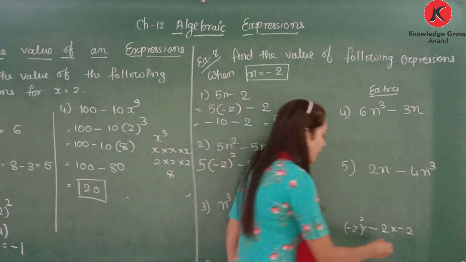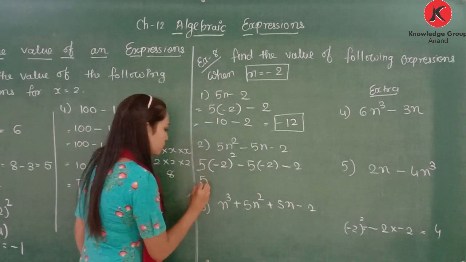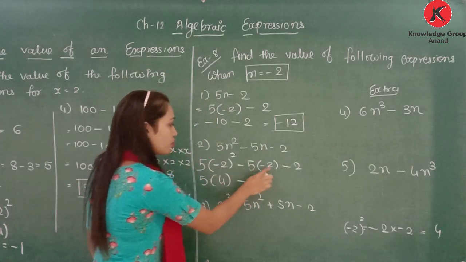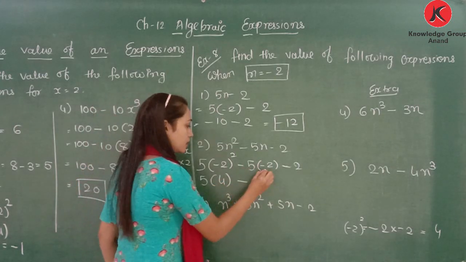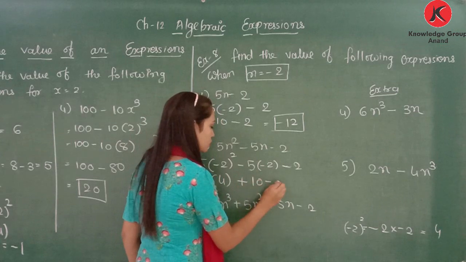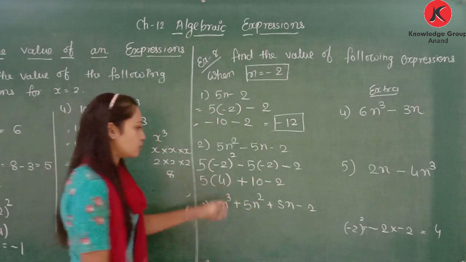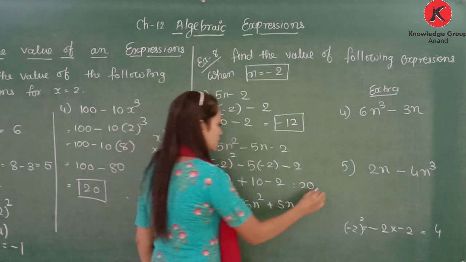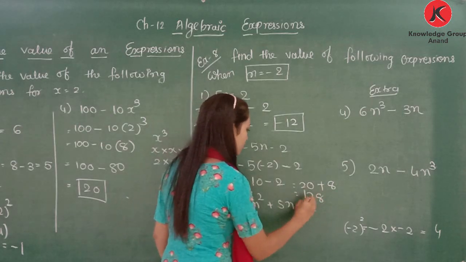So 2 2s are 4 and 2 negative signs, here is a positive. So we get 5 inside the bracket 4, minus 5 multiply minus 2. So that is 10, but it is positive, minus 2. Now here we get 5 4s are 20. 10 minus 2, that is 8, plus 8, and answer is 20.